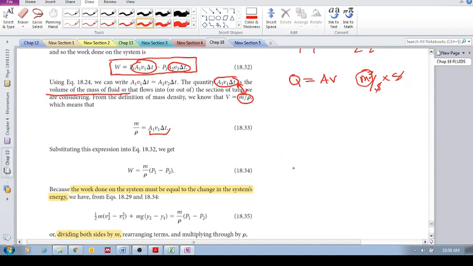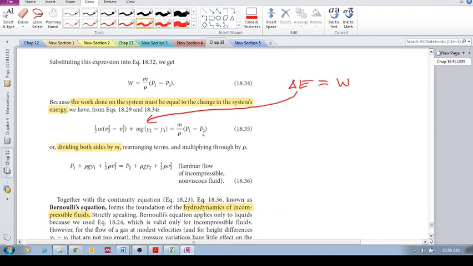So remember, delta E is work. Delta E on the left hand side is your change in kinetic energy plus change in potential energy, which is equal to a function of the difference of your pressures between point 1 and point 2.